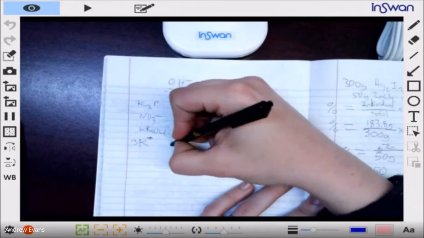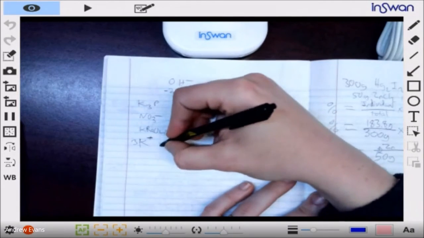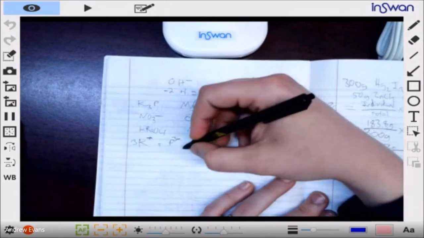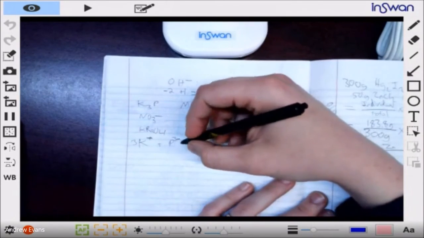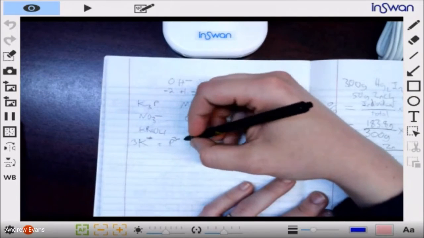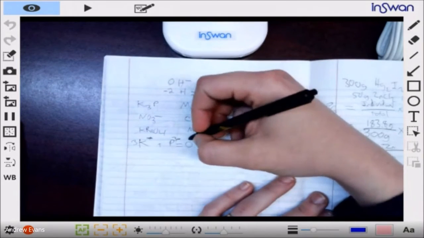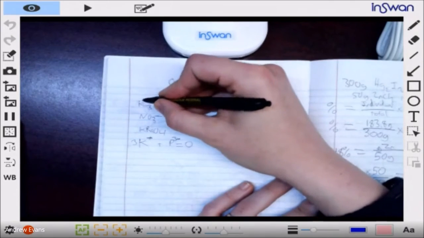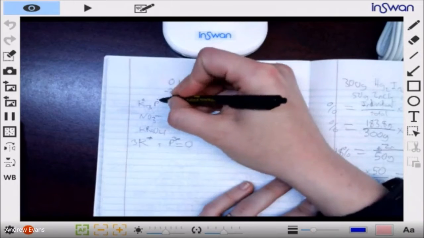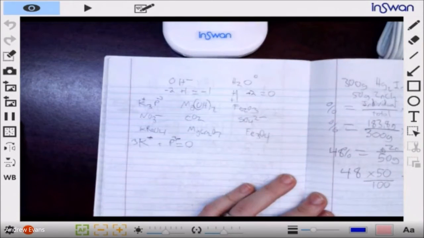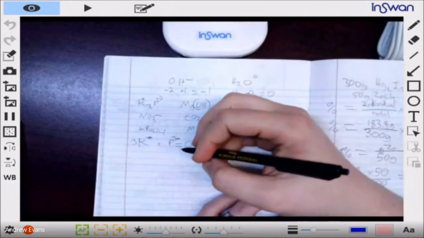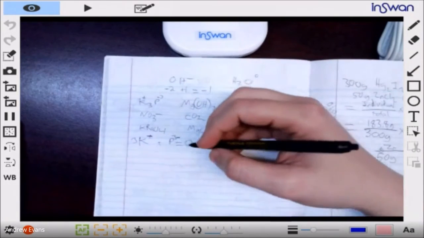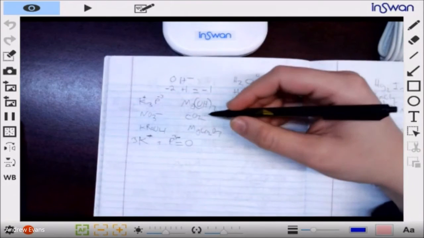Now, because there's 1 phosphorus, it must be phosphorus 3-, so 3 positives and 1 3- would give you 0. So the charge of this guy is going to be +1. The charge of this guy is going to be -3. So if we have a situation where phosphorus has changed oxidation states, if it's gone from 3- to anything else, we can say that's been oxidized or reduced, depending.